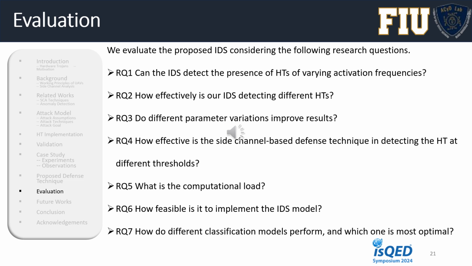Fourth is, how effective is the side channel based defense technique in detecting the hardware Trojan at different thresholds for the machine learning module? Our fifth research question is, what is the computational load? Our sixth research question is, how feasible is it to implement the IDS model? And lastly, our final question is, how do different classification modules perform and which one is the most optimal?